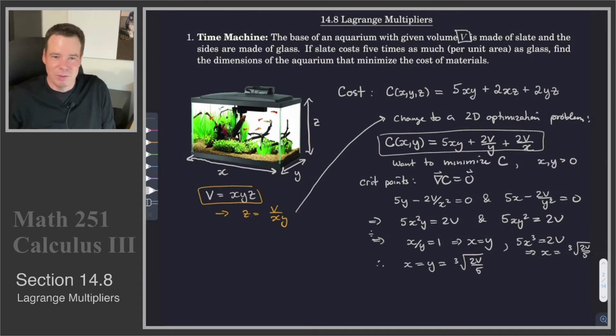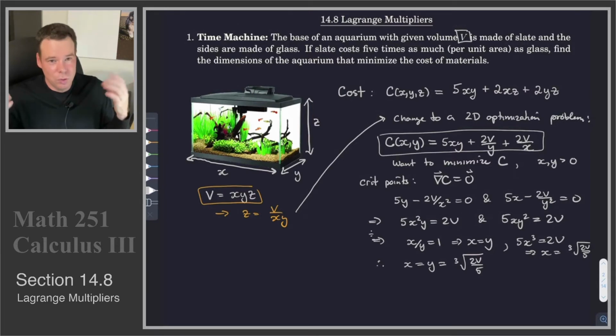I shouldn't say perfectly good. It's a theoretical aquarium that has volume v, but it's probably not a good choice because it's going to be so big in the base and so small in the height. But nonetheless, such a thing exists, and that means that finding the minimum value of this cost function, well, I can make the cost function as big as I want.